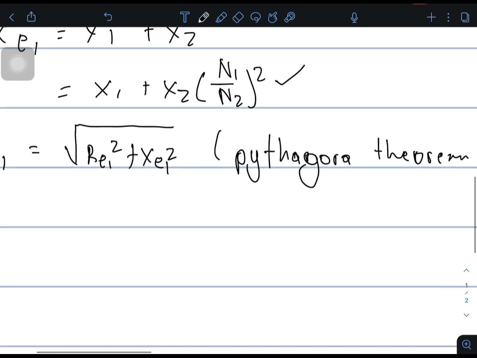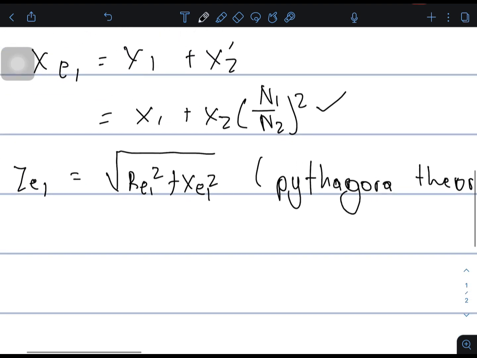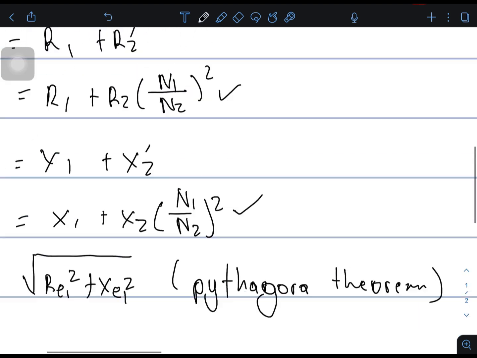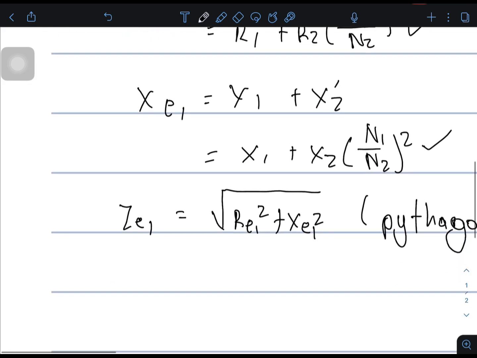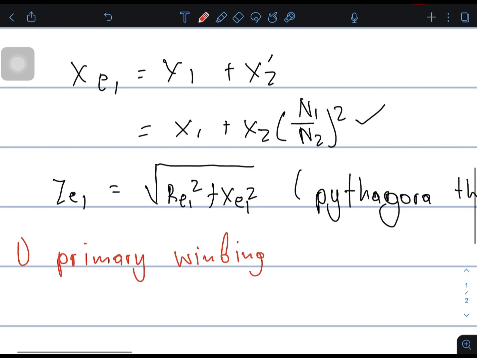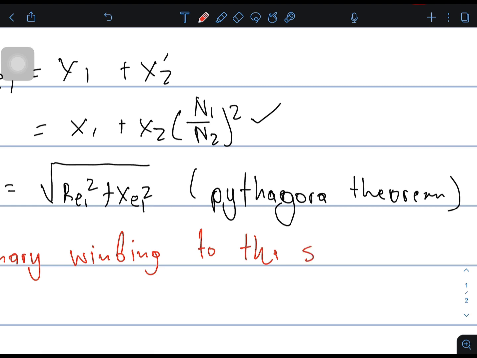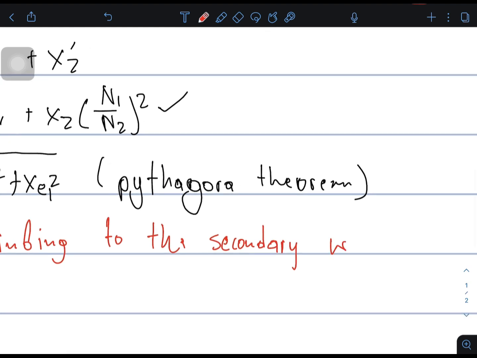Okay, now let me show you the second scenario, where we refer the primary winding to the secondary winding.